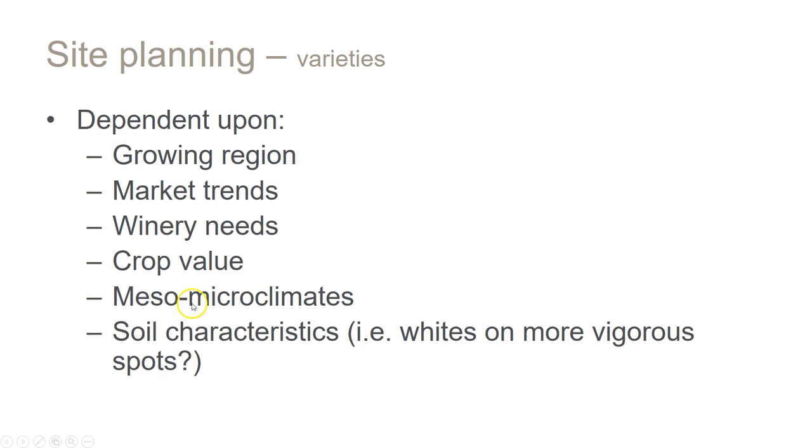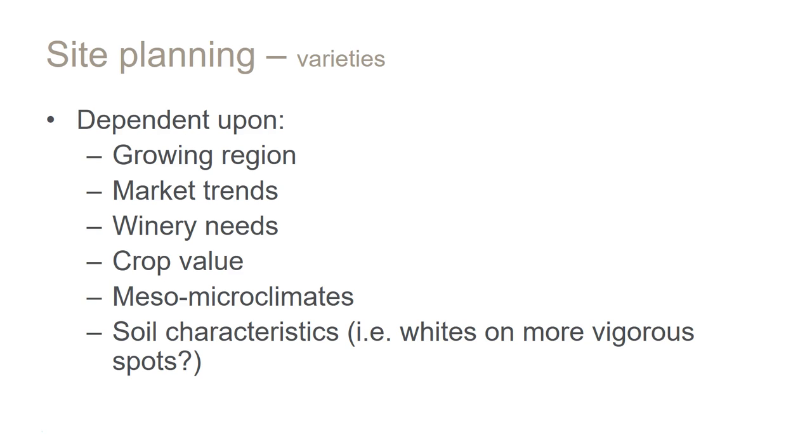Then we have to consider, of course, climatic things, GDDs, frost-free days, to make sure we can get stuff ripe. And then, of course, soil characteristics. So one thing we might do is if we have a really vigorous area, like on the lower part of a vineyard, we might plant that in whites. And then the lower vigor stuff, we might plant in reds.